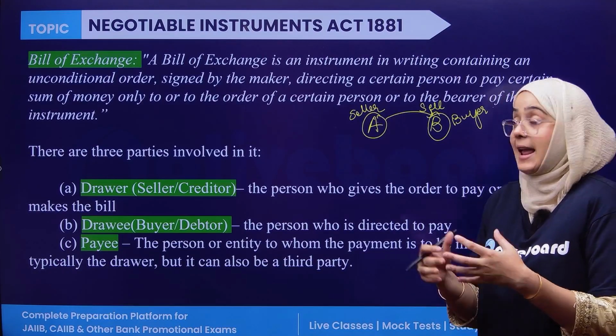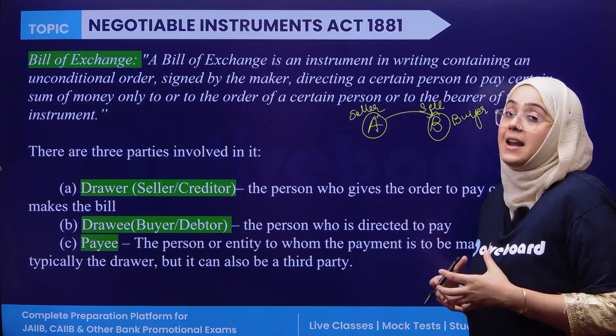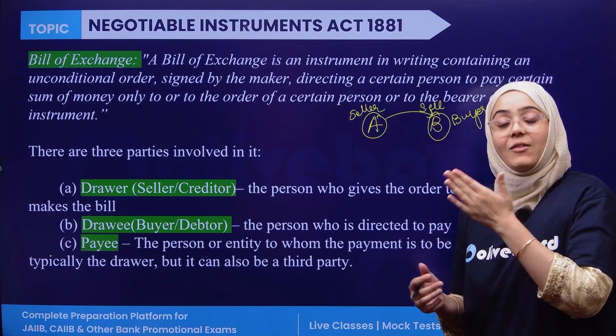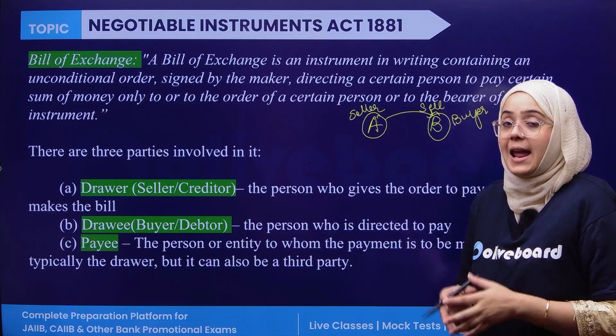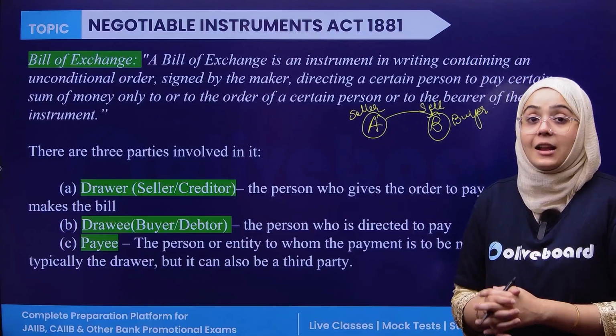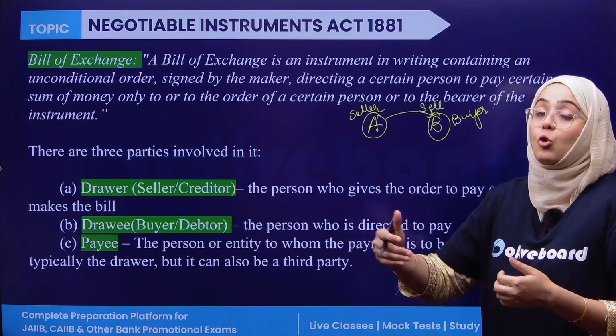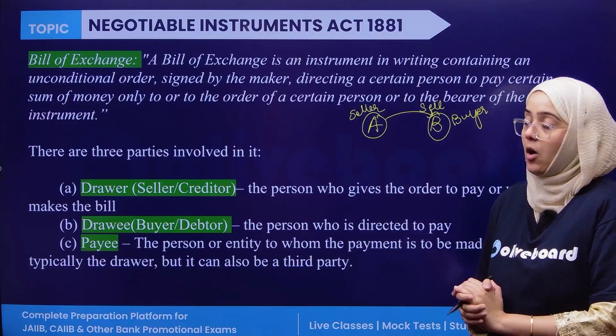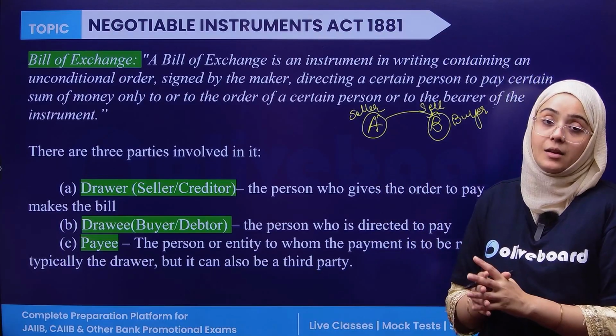A actually extended some credit to B. It means that B has not been given the immediate payment. A just gave the goods on credit and gave a time period to B for the completion of the payment. Now, in this case, what is the condition?